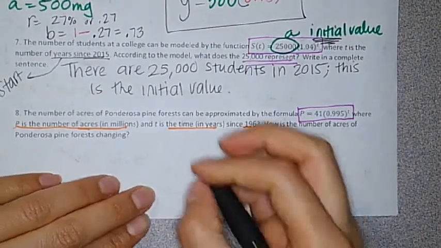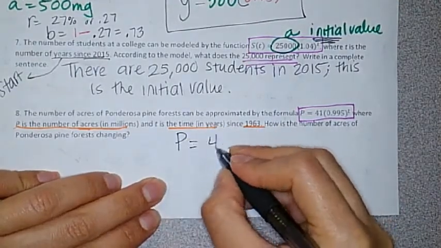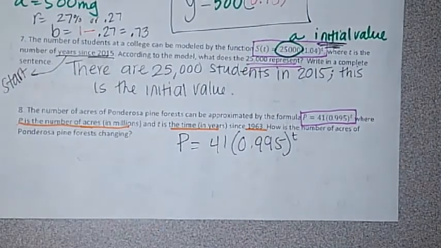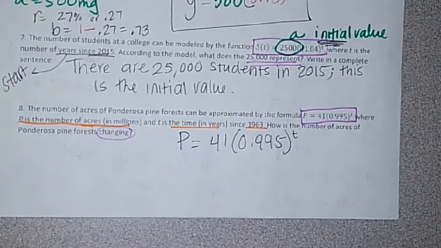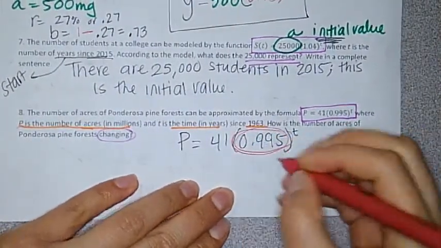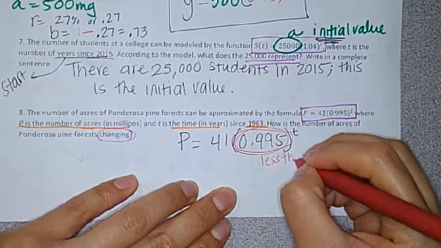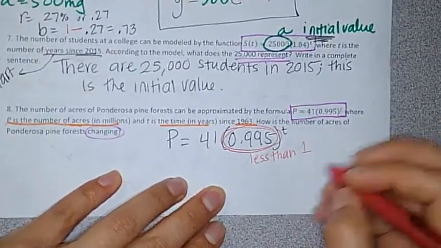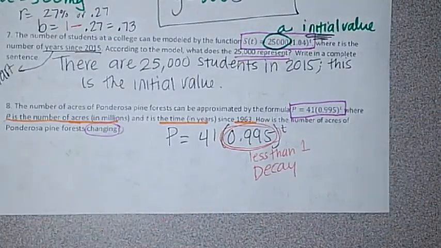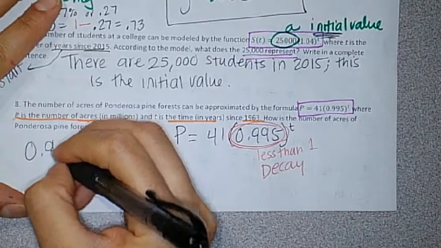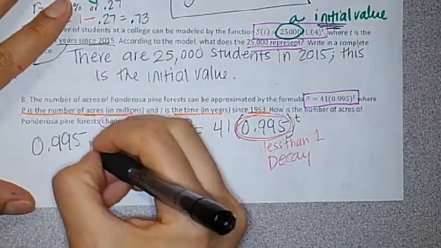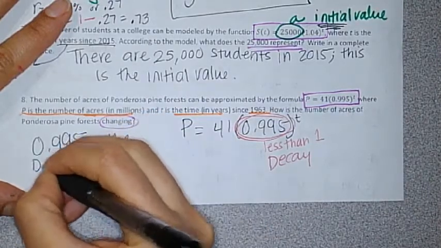So we're going to take our equation and figure out how it is changing. I'm going to look over here at the B, and this is less than 1, so this has to be a decay, right? That means that 0.995 is the decay factor.